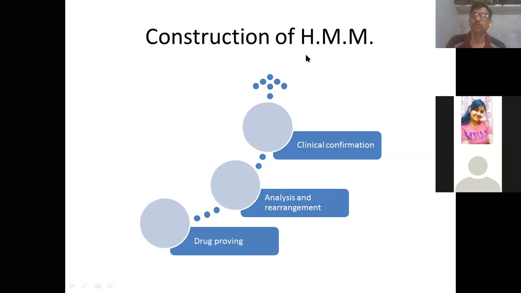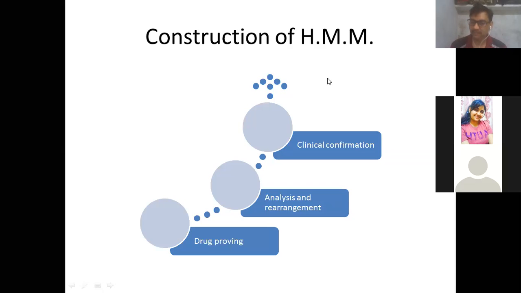He first takes a review of all the daily books, and after that review we try to analyze the symptoms: which symptoms are frequently observed, which are moderately observed, and which are less observed.